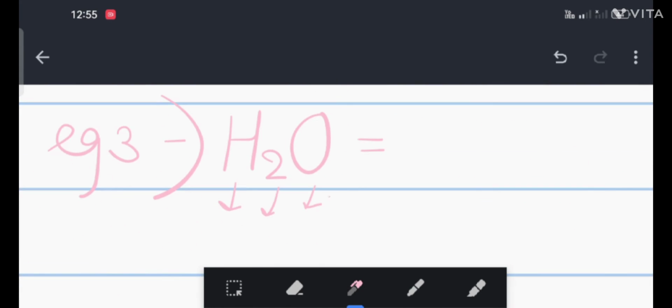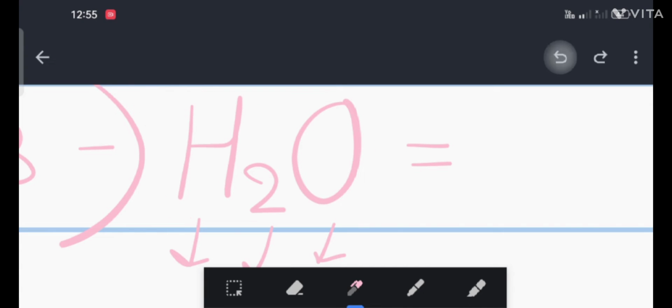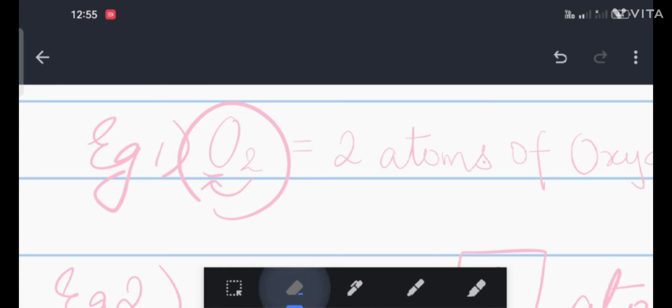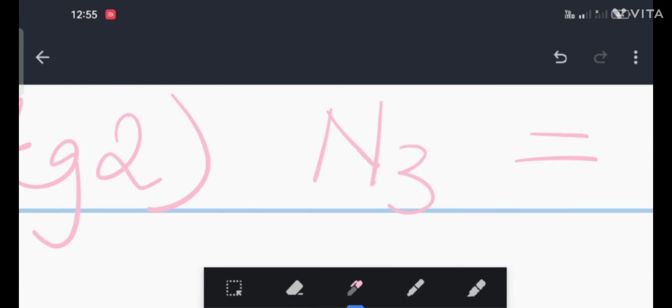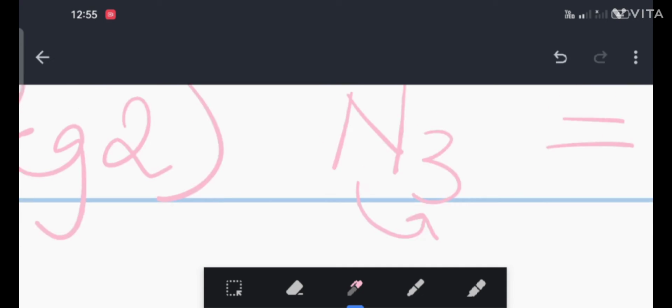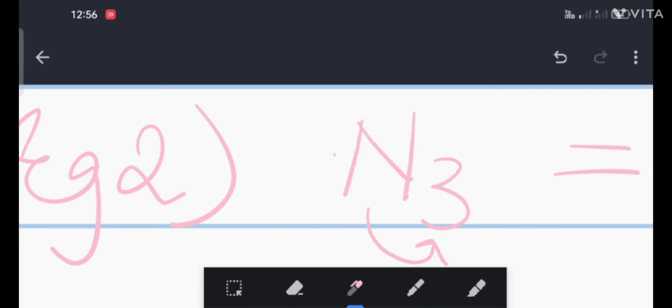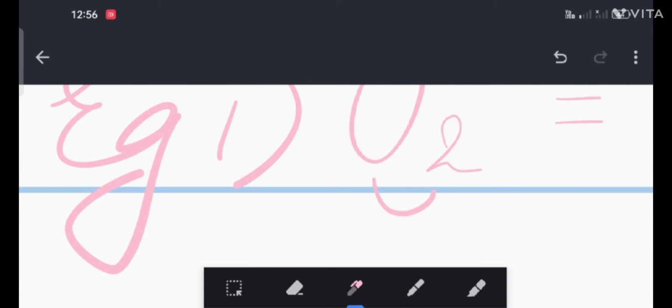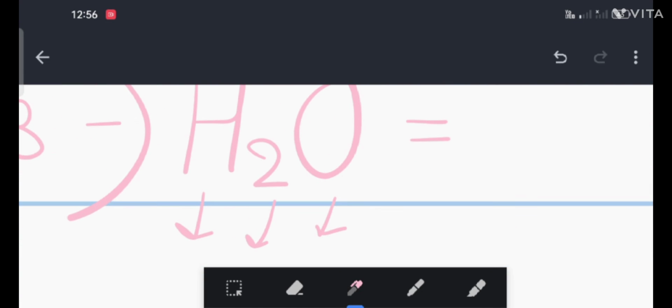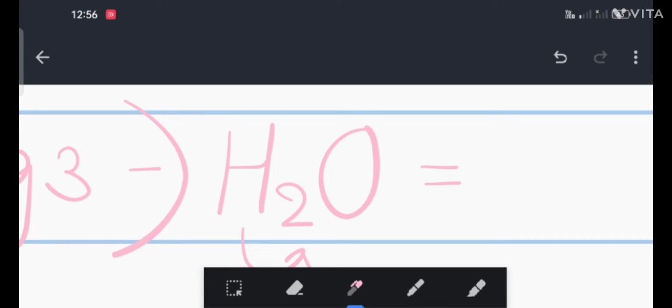But here there are 2 elements, so who does the number belong to? As we can see, the number is just after the element of which it denotes the number of atoms. So this 2 is just after H, so it belongs to H.